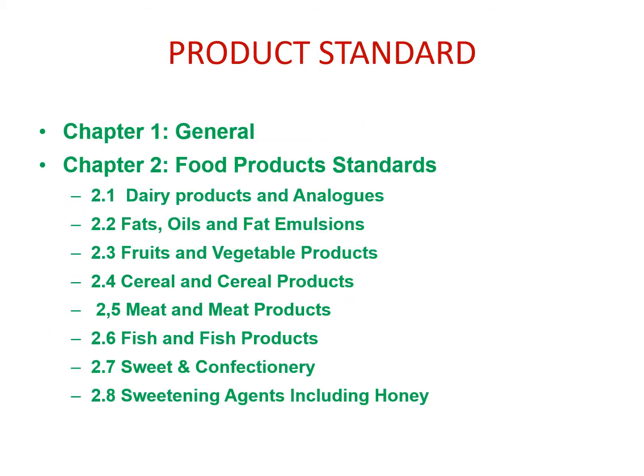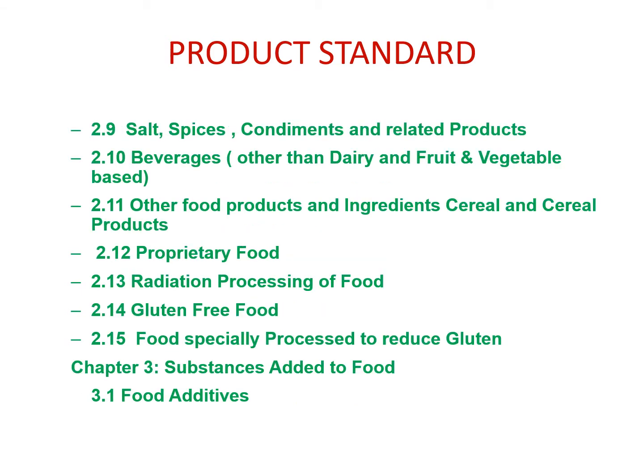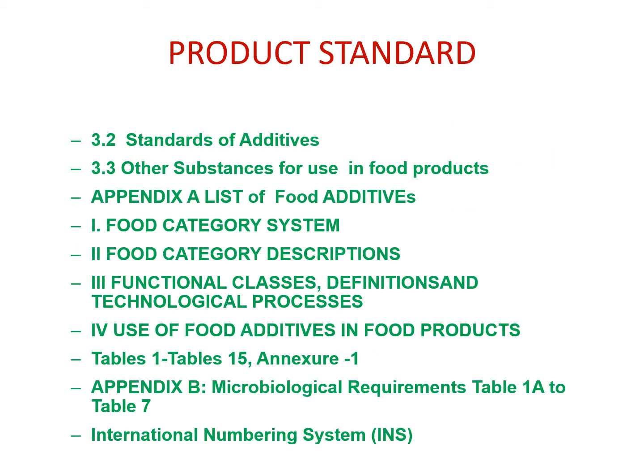The product standards covered dairy products, fats and oils, fruit and vegetables, cereal, meat, fish, sweets and confectionery, sweetening agents, salt, spices, beverages, proprietary foods, radiation processing of food, gluten-free food, and how to reduce gluten, substances added to food like food additives, standards of additives, the list of food additives, then microbiological requirements and the INS system.